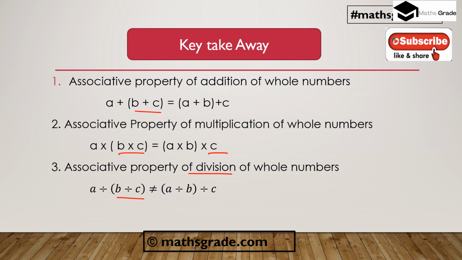The left hand side is not equal to the right hand side, and so the associative property of division of whole numbers is not true. So the associative properties of addition and multiplication of whole numbers are true, but the associative property of division of whole numbers is not true. There is no associative property for division of whole numbers.